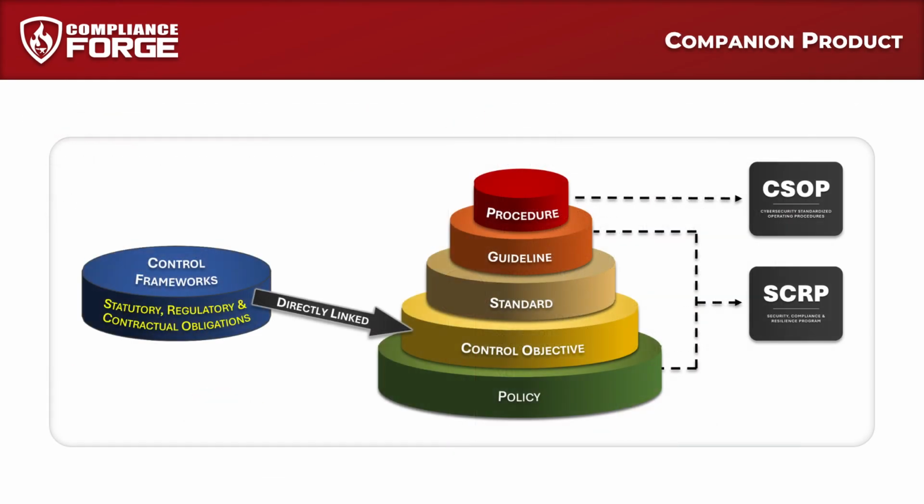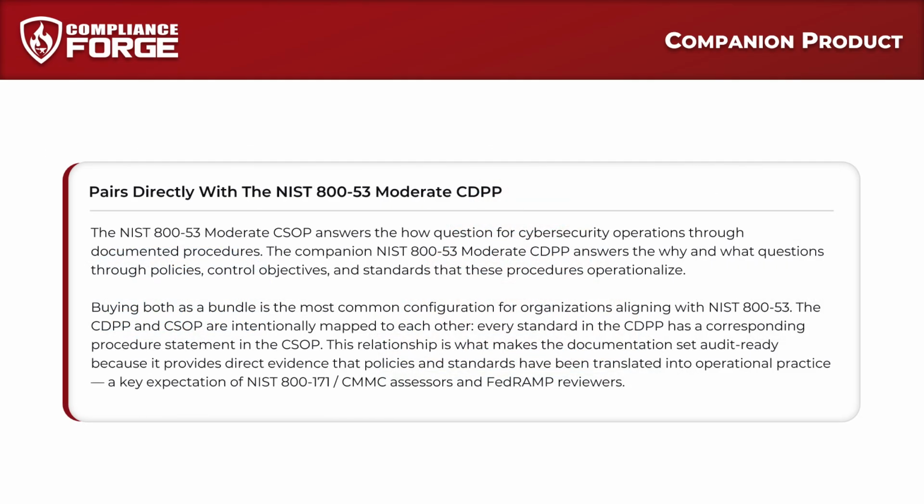As this diagram shows, policies, control objectives, standards, guidelines, and procedures build on each other. The companion CDPP covers the policies and standards, while the CSOP covers the procedures. The CSOP answers the how question for cybersecurity operations through documented procedures. The companion NIST 853 moderate version of the CDPP answers the why and what questions through policies, control objectives, and standards that these procedures operationalize.